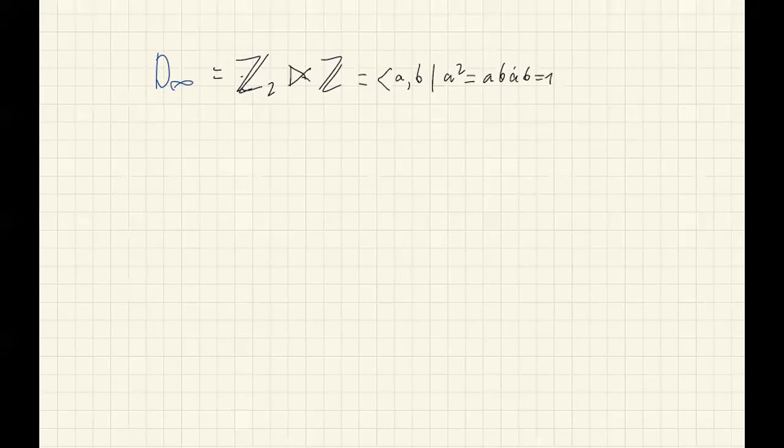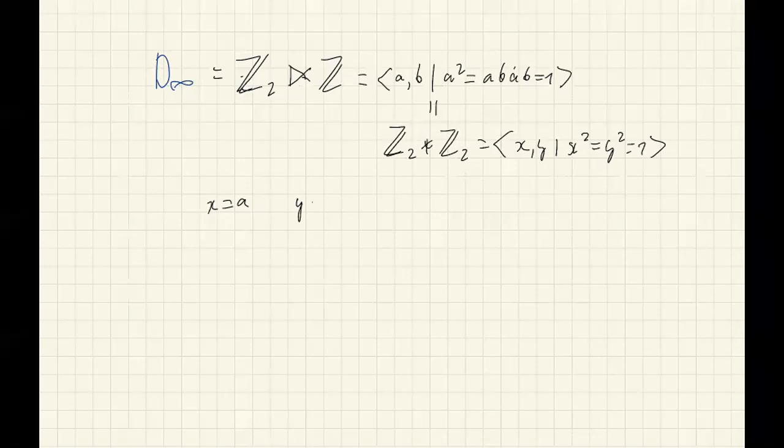We were talking about the group D infinity, and it's the group that can be described as a semi-direct product, or equivalently as a free product of two groups, for x equals a and y equals ab.